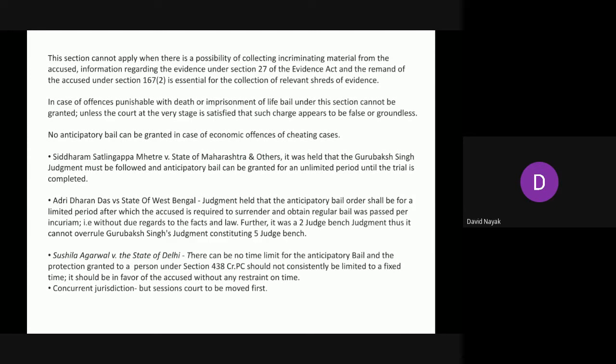Yes, Sushila Aggarwal and Siddharam Satlingappa Mhetre versus State of Maharashtra, it was held that anticipatory bail can be granted for an unlimited period until the trial is completed.